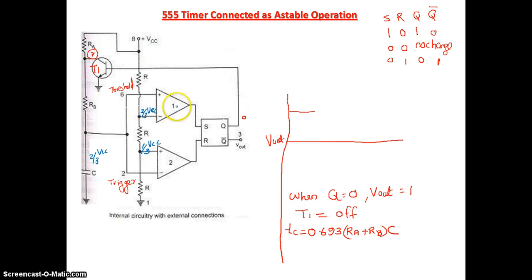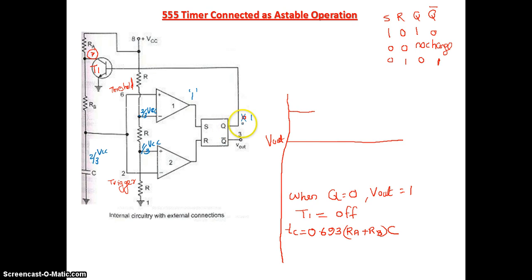So suddenly the output of the comparator will switch to 1. When it is switched to 1, S equal to 1 means your flip-flop will set. So your output now changes from 0 to 1.